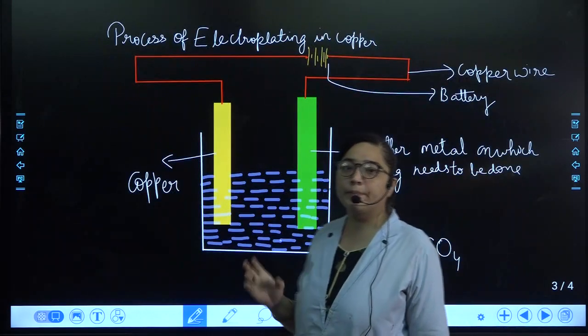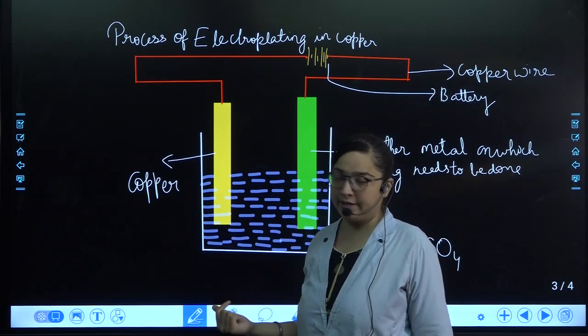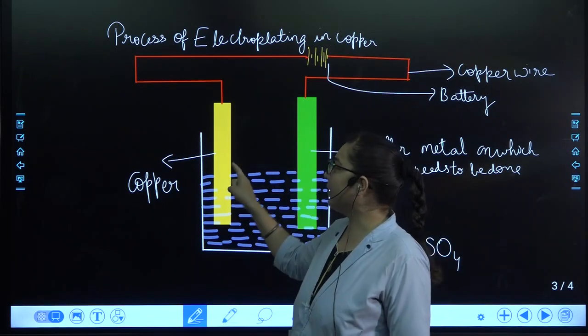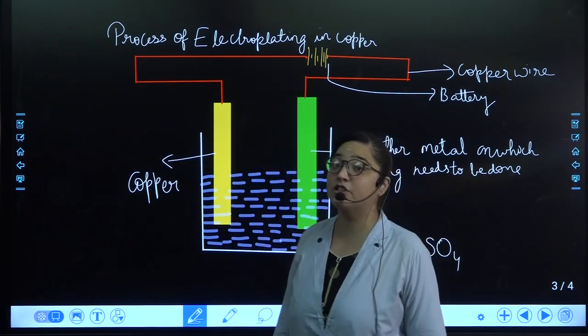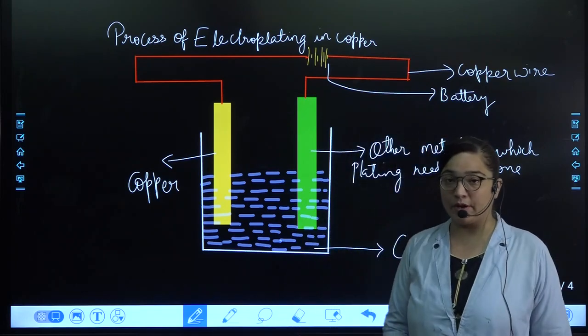We want to allow copper to get plated. So, you can see over here copper is connected with which terminal of the battery? It is connected with the positive terminal of the battery.